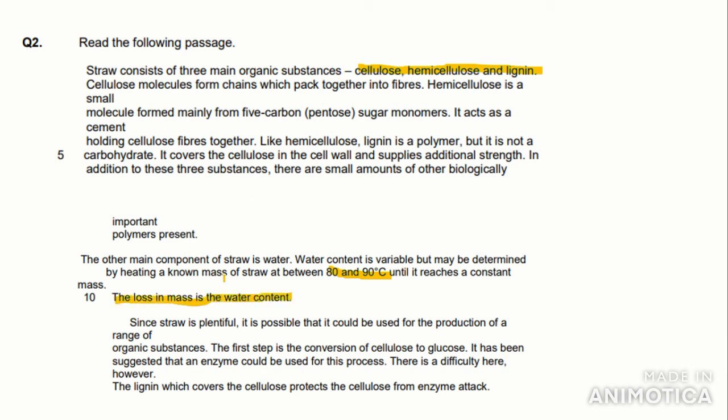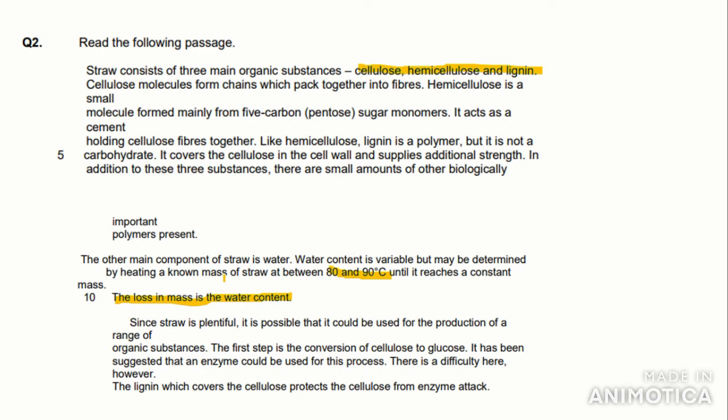Since straw is plentiful, it is possible that it could be used for the production of a range of organic substances. The first step is the conversion of cellulose to glucose. It has been suggested that an enzyme could be used for this process. There is difficulty here, however. The lignin, which covers the cellulose, protects the cellulose from enzyme attack.